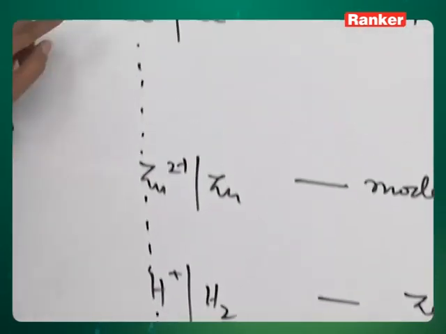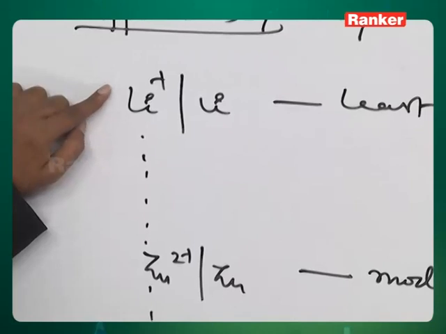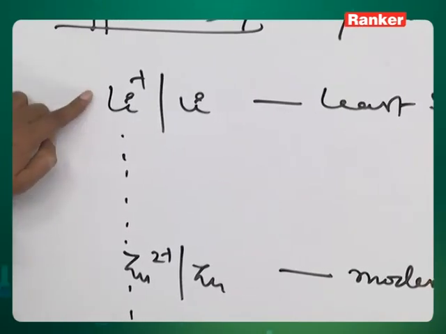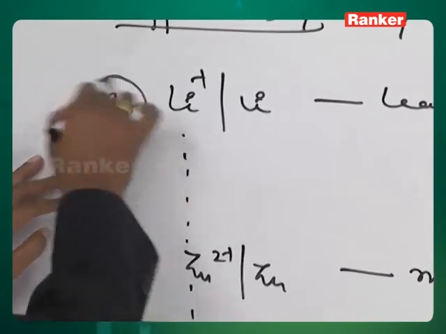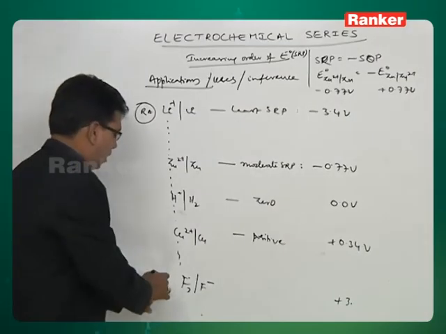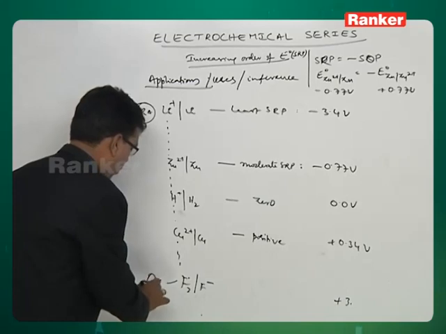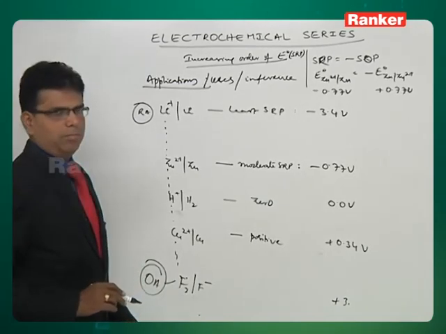From this, you can understand that the element that comes first is a better reducing agent, and the element that comes last is a very good oxidizing agent.